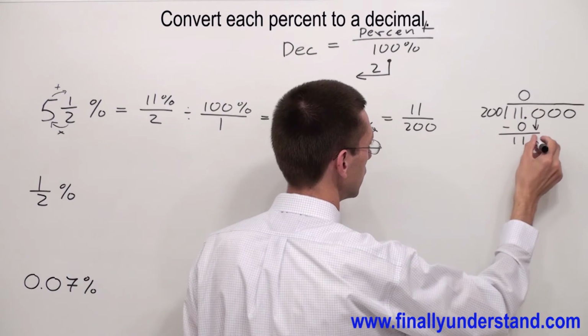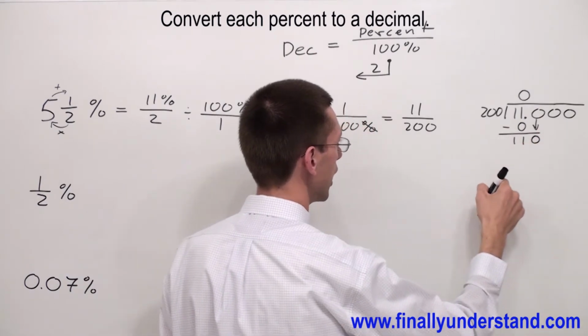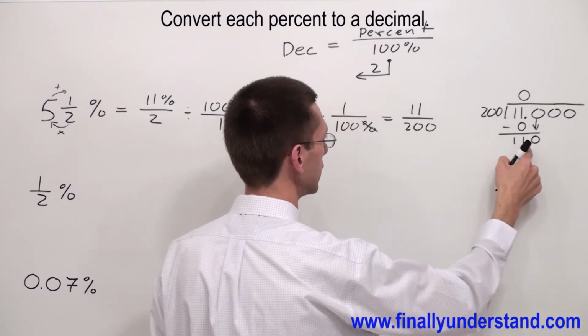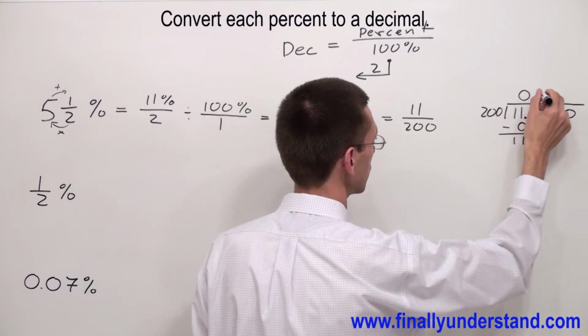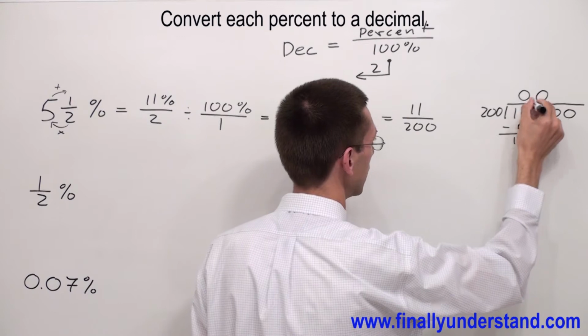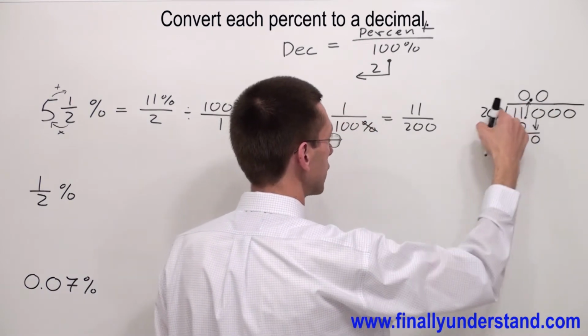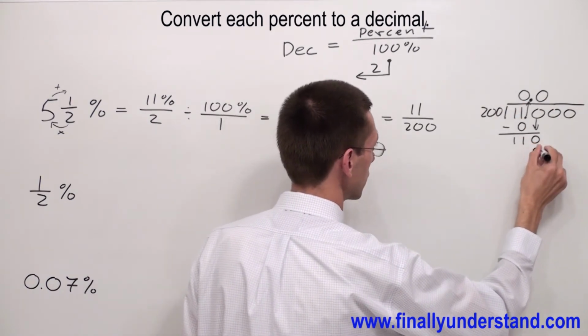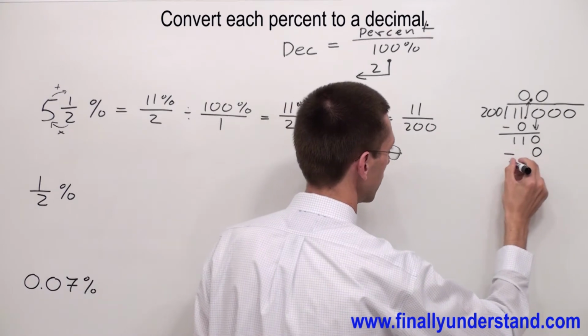Bring down 0. The question is, how many times does 200 go into 110? 0 times. Remember, the decimal point has to go always up. 0 times 200 gives me 0. Subtract.